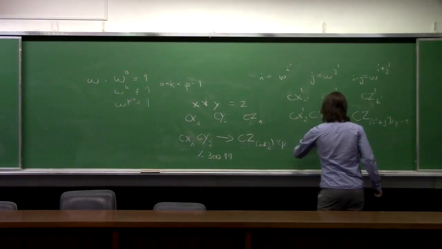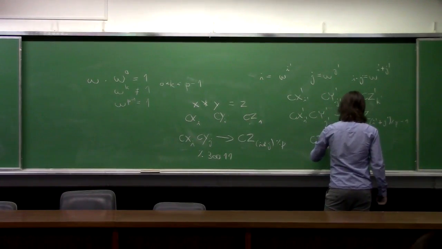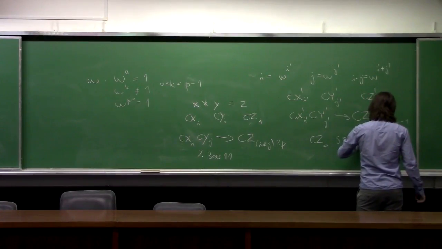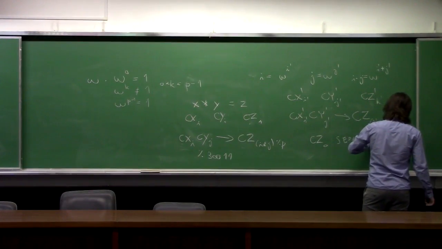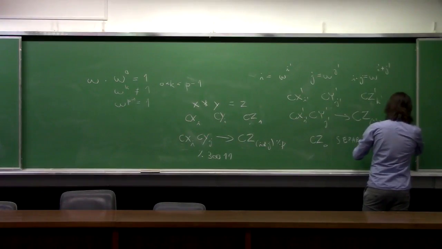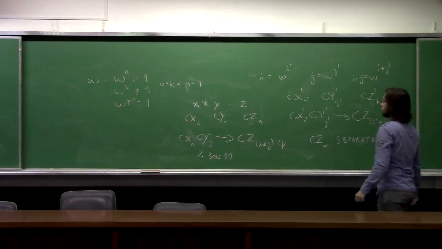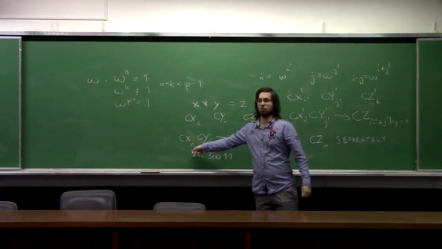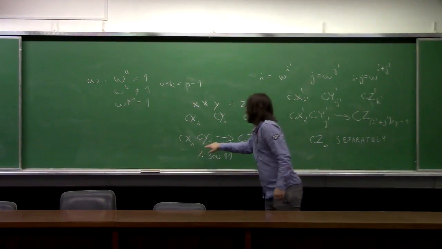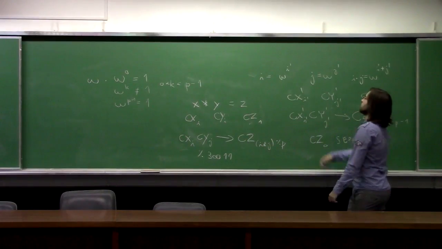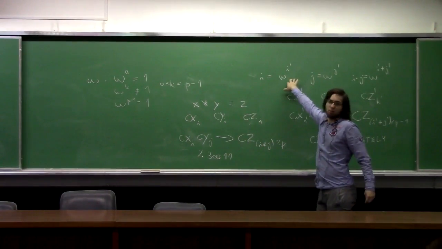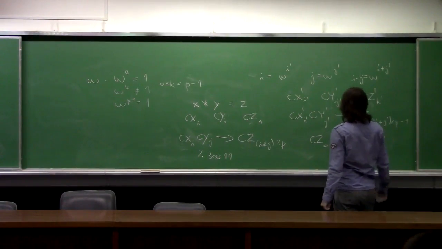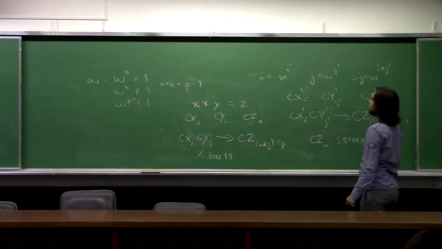So Cz0 separately, and for all indices not 0 through p minus 1, but 1 through p minus 1, here and here and here, we have this generator that gives us a permutation of indices from 1 to p.